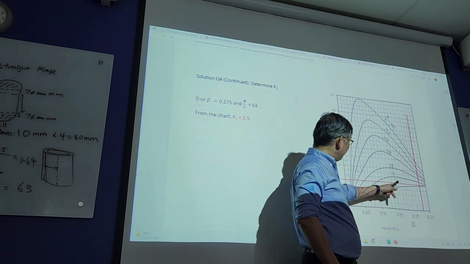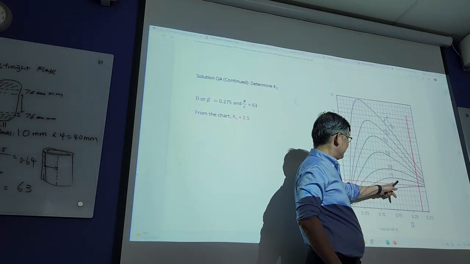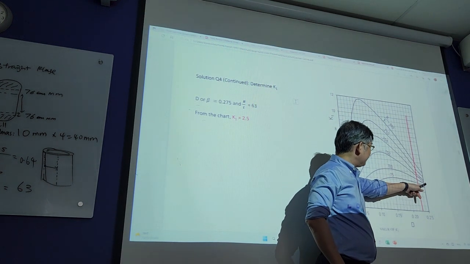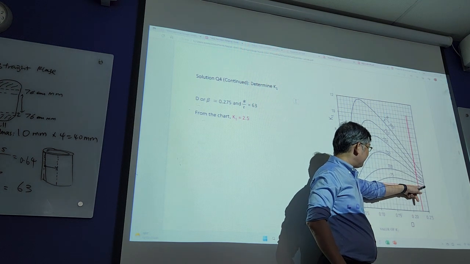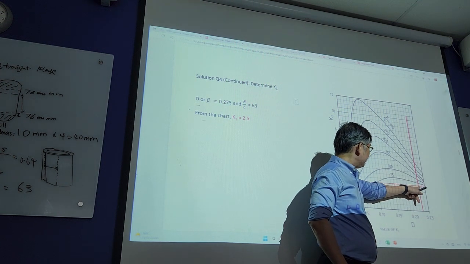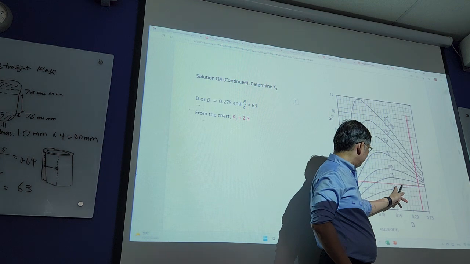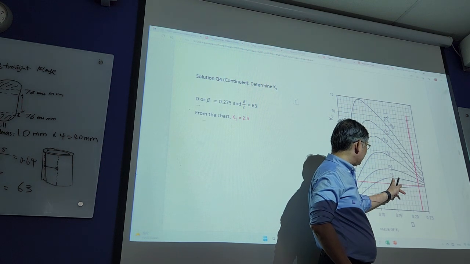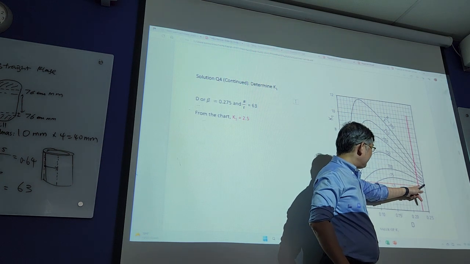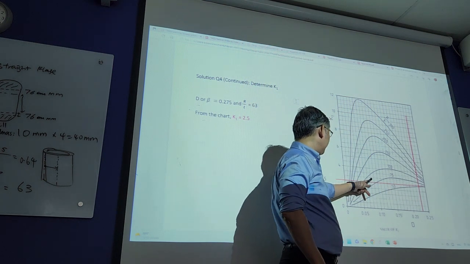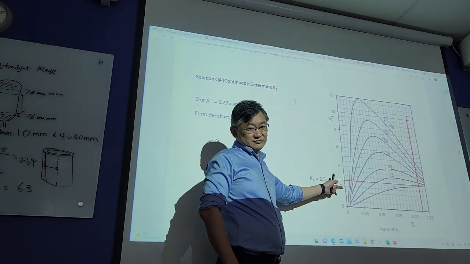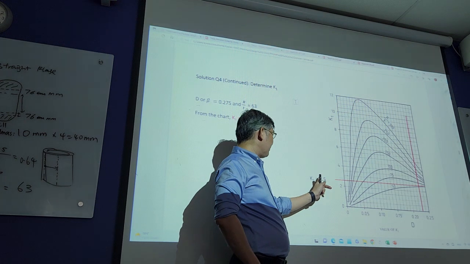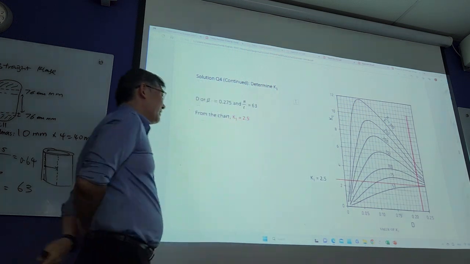So it's in between 50 and 75. Just draw a line here. So this is an estimation. You get your K1 roughly estimated at about 2.5.